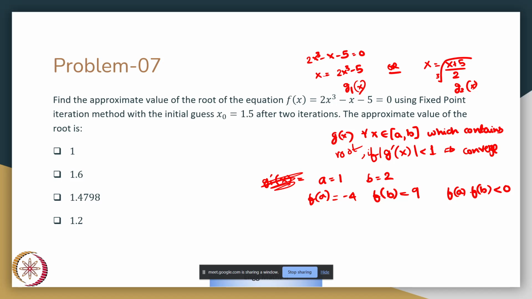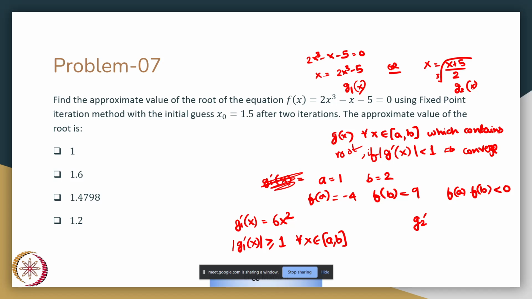And if I now take the first derivative of g1 and g2, for g1 it would look like 6x square, and you can see that the modulo of this would always be greater than or equal to 1 for all x belonging to a and b.